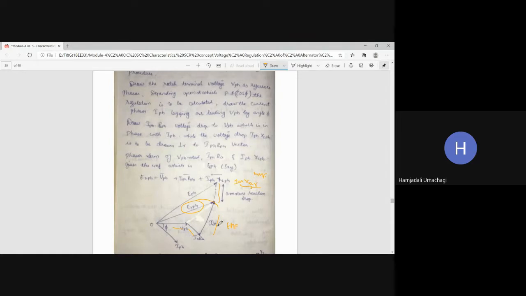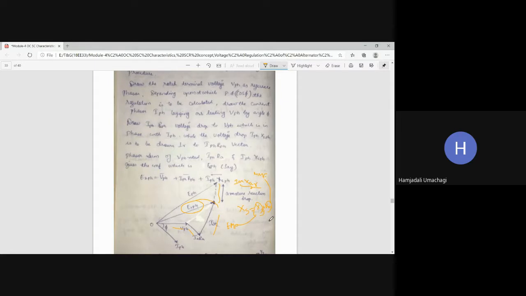Because XL is an EMF quantity. Can anybody tell me what XS is? XS is nothing but XL plus XAR. But now we have separated it as XL and XAR. XL is nothing but EMF, whereas XAR is nothing but MMF.